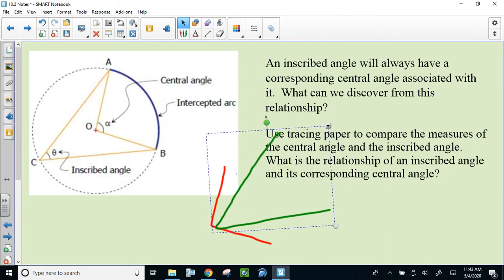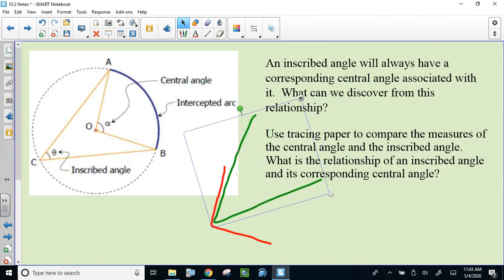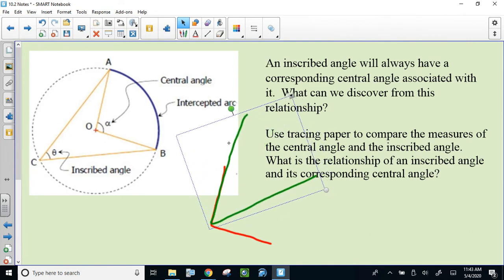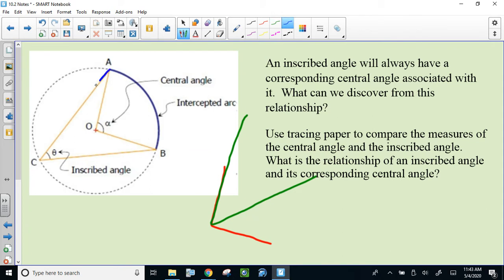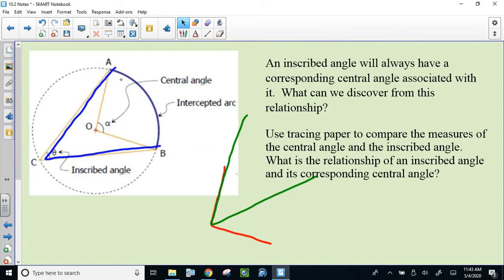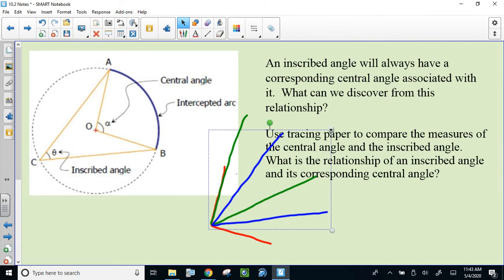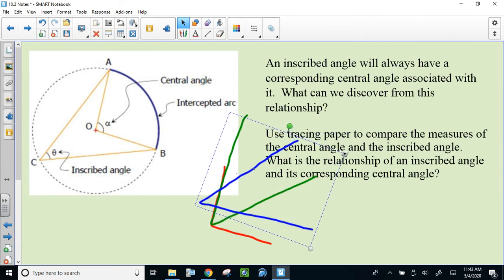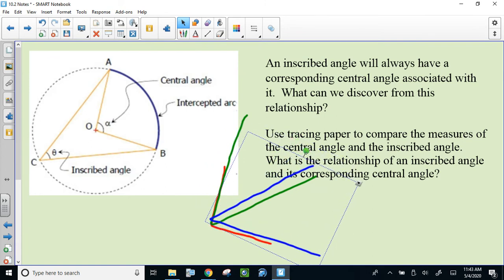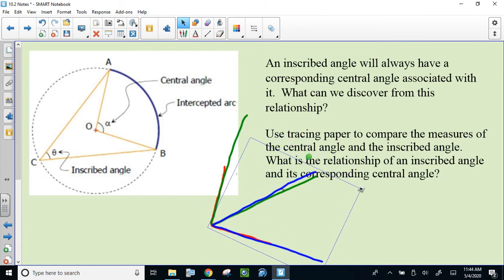So if I take another one of these inscribed angles and trace it over, and bring it over here, what happens when I overlap them? Boom, boom.